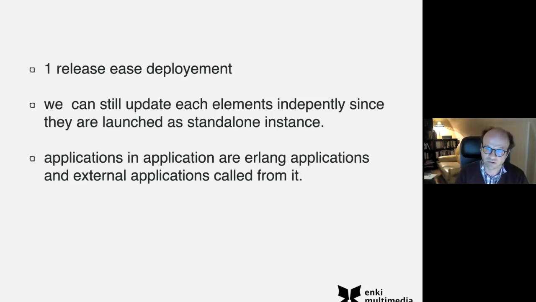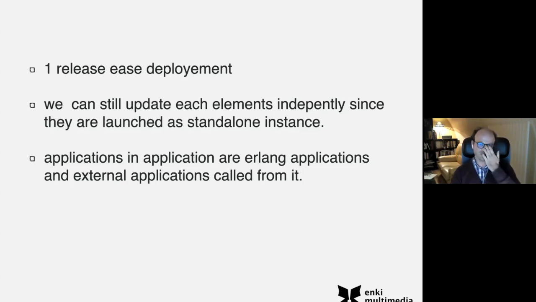You can create one release and deploy it, but you can specialize the launch of each part. So you have one release, but you can decide to launch the gateway on that release, or the application node, or the database storage. That is the update of each element if you want to. So you can deploy some releases independently, and that is also the CI.